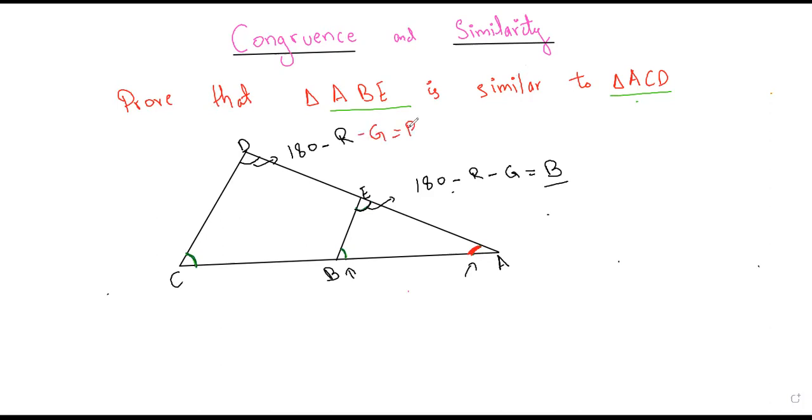This is also going to give me the black angle. This means that this angle and this angle are the same, because I will get them through the same formula. So this implies that since three angles of both these triangles are the same, they are similar.